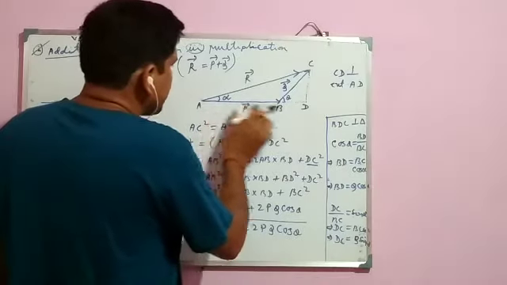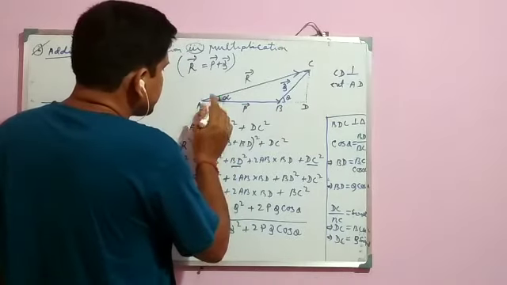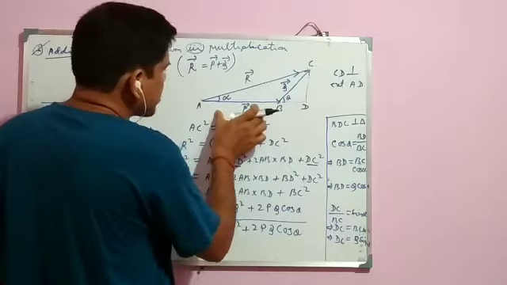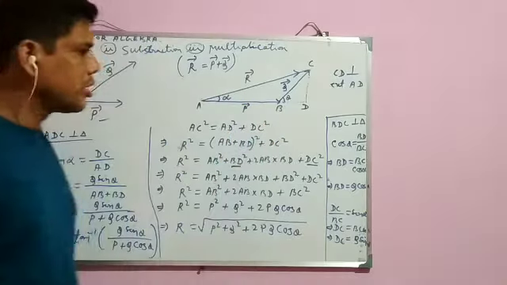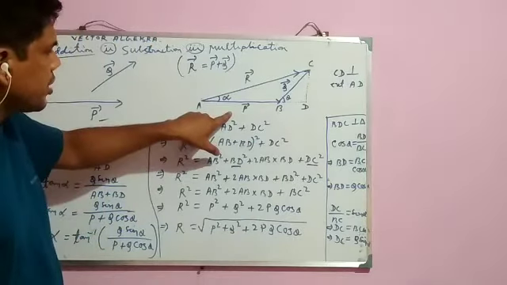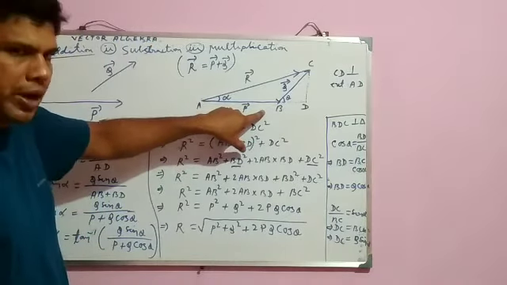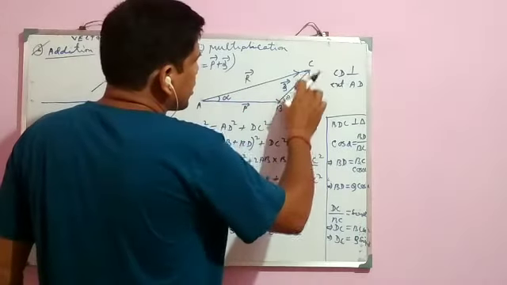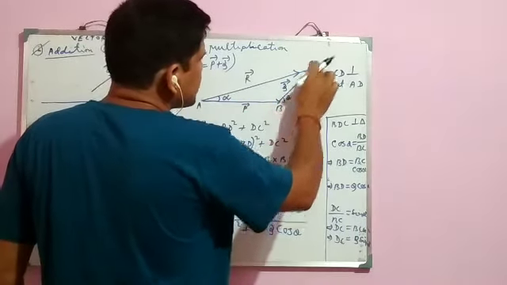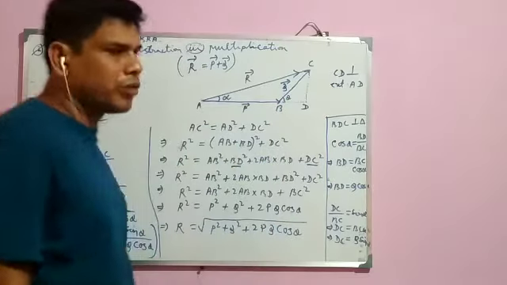Vector p is represented by side AB of a triangle. Here we have drawn triangle ABC. Vector p is represented by AB, both in magnitude and direction, and vector q is represented by side BC of this triangle.